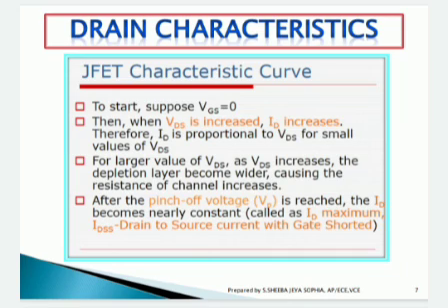For larger values of VDS, as VDS increases, the depletion layer becomes wider, causing the resistance of the channel to increase. After the pinch-off voltage, that is VP, is reached, the ID becomes nearly constant at a maximum value, IDSS, the drain to source current with gate shorted.